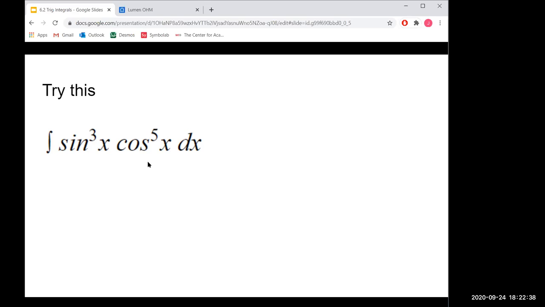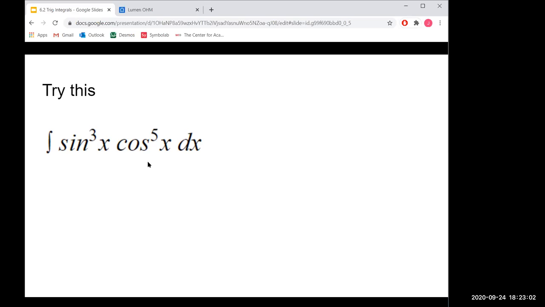So if you have trig functions like sine and cosine with powers, you want to split the one with the odd power. I think that should do it. Yeah, so for this one, we split cosine because it was odd. And for this one, we split sine. And for this one, we could split either one.